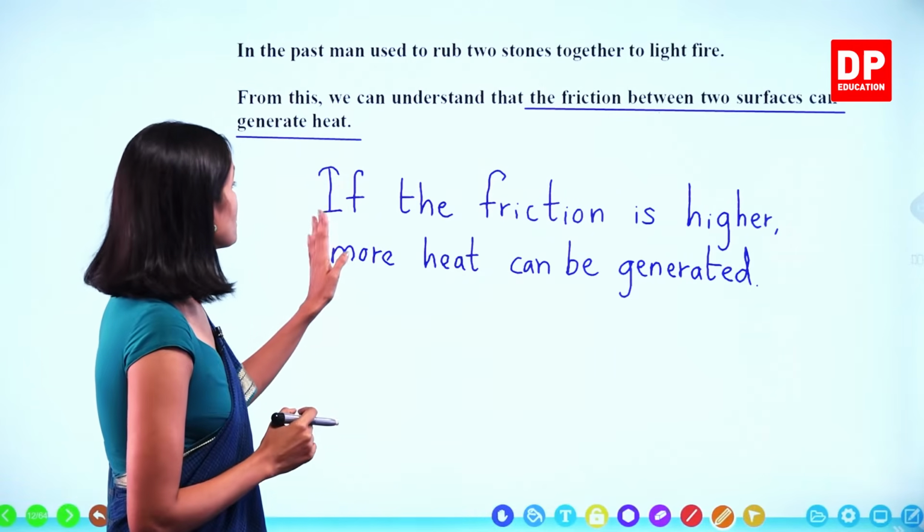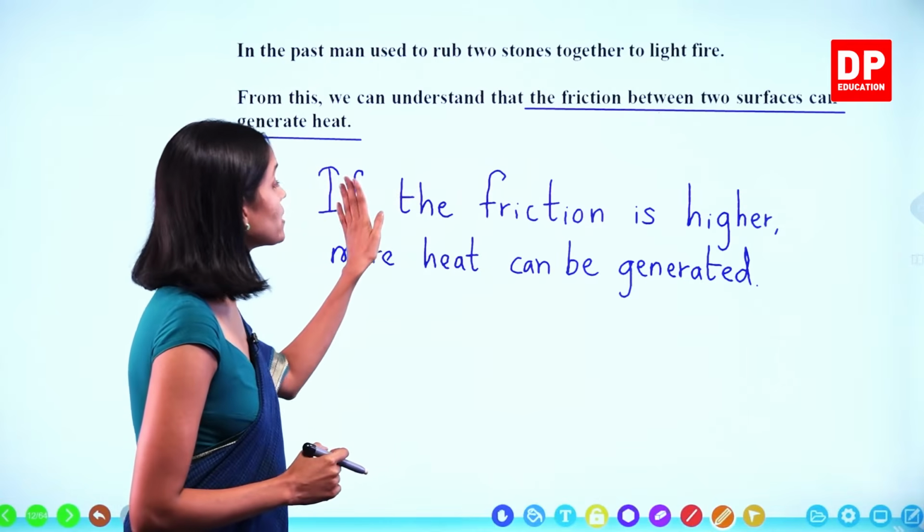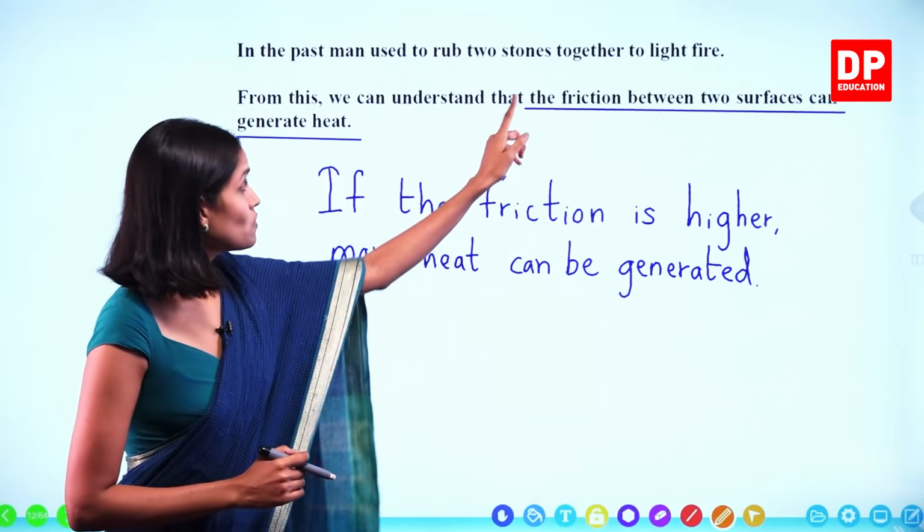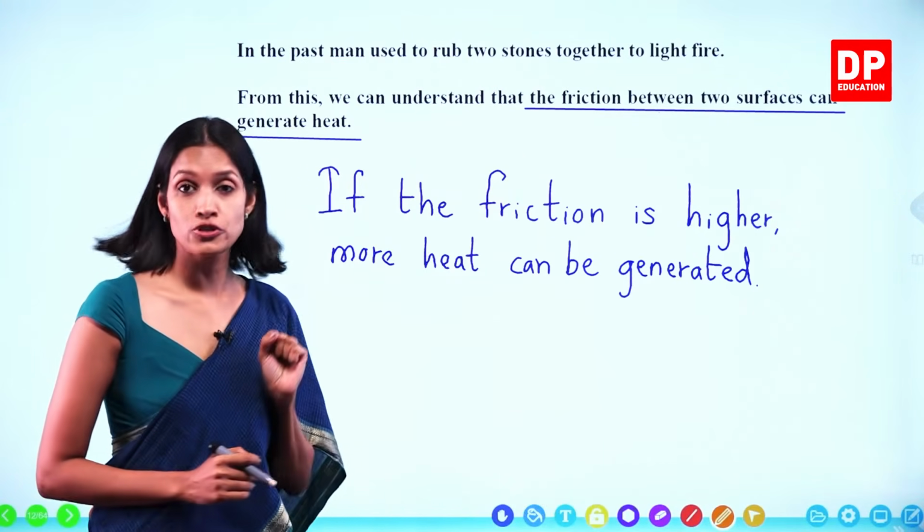Right, children? If the friction is higher, more heat can be generated. So friction is important to make fire using two stones together.